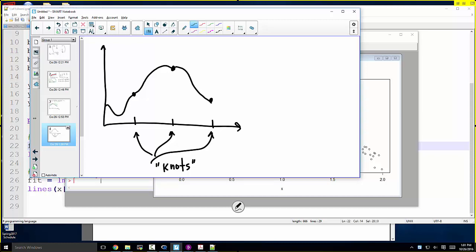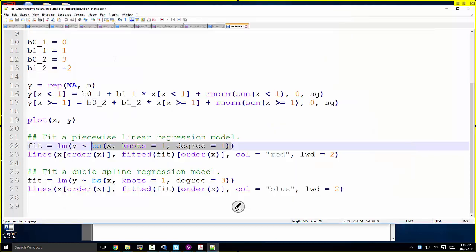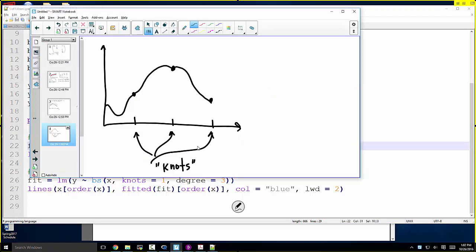To fit a spline, you need to say how many knots and how curvy can the curves be inside the knots. So if I say here are my 3 knots, what I'm going to do with the BS function is tell it about curviness through its degree argument. A spline of degree 1 is a line.